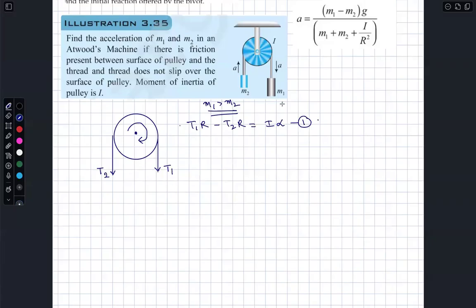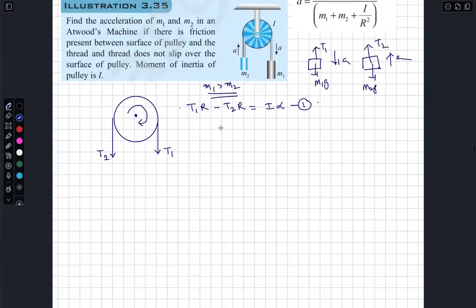So the free body diagram of this block is simply M1g, T1 and a. Similarly, for the other block, T2, M2g, a. Now, T2 minus M2g is equal to M2a. M1g minus T1 is M1a, equation 2, equation 3.